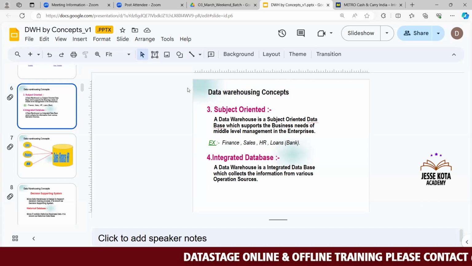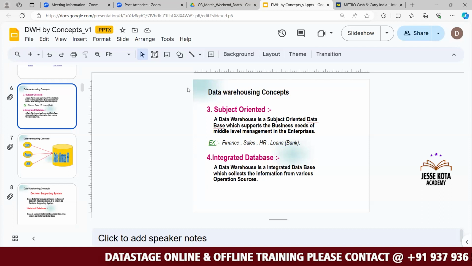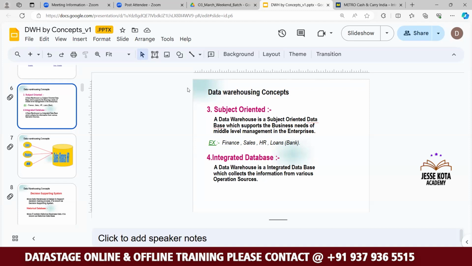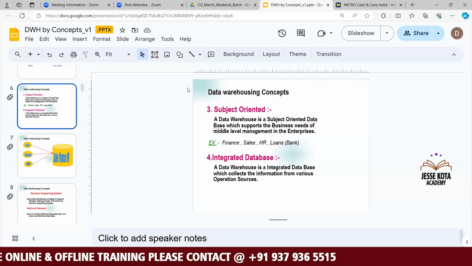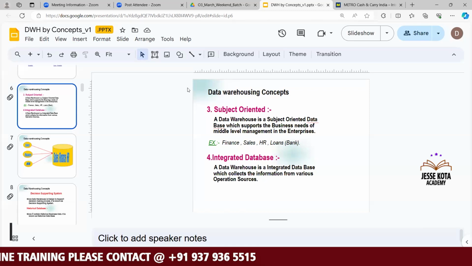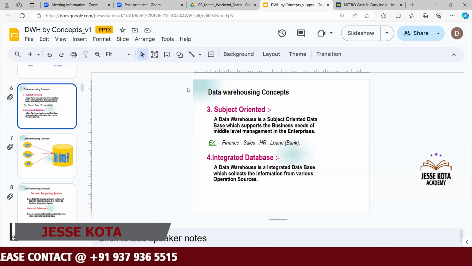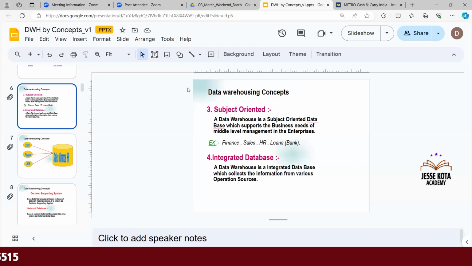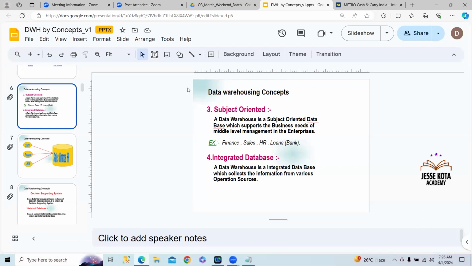So they will have a dedicated sales team: the sales head, then senior manager, manager, and lead sales executive. They will do all the campaign and promotional activity.